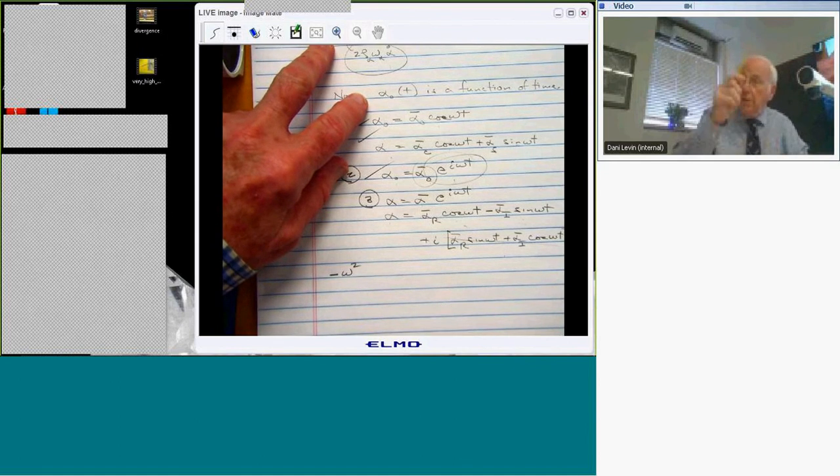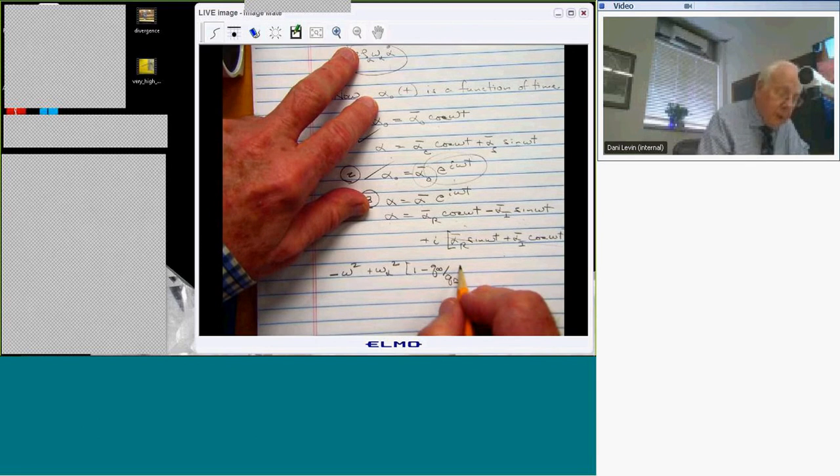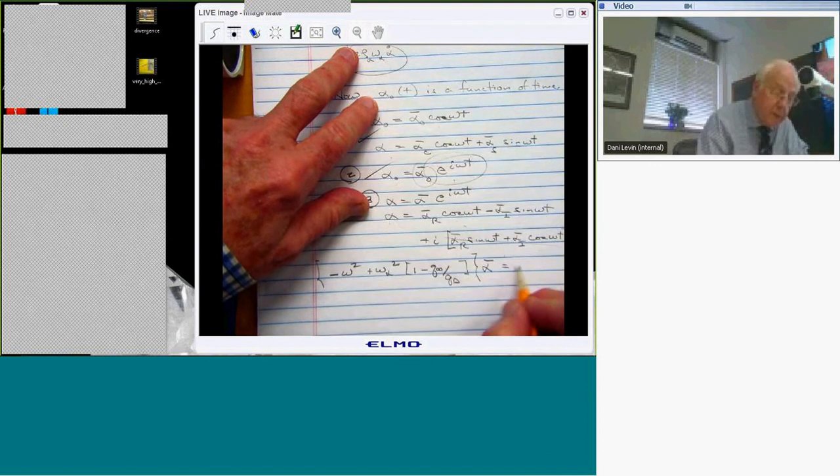Then I'll have plus omega alpha squared times 1 minus q infinity over q d, all of that times alpha bar, because there will be an alpha bar in each of those, equals q infinity over q d omega alpha squared alpha naught bar.